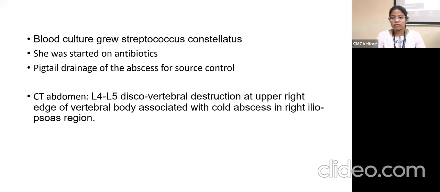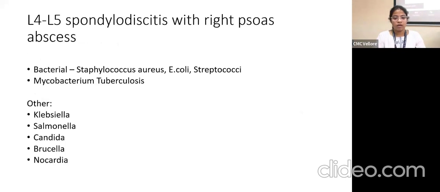We also did a CT abdomen, which revealed L4-L5 spondylodiscitis. So our patient presented with L4-L5 spondylodiscitis with right psoas abscess. Whenever we see such presentations, our first differentials would be bacterial, and the most common, that is 97% of it, is caused by Staphylococcus aureus, and the other 3% can be E. coli and Streptococcus.